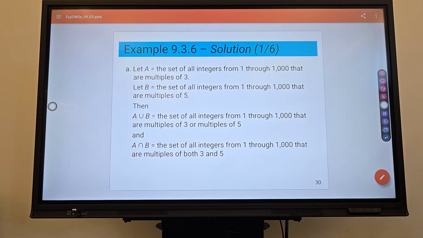Then A union B is the set of all integers from 1 to 1,000 that are multiples of 3 or 5. Let A intersection B equal the set of all integers from 1 to 1,000 that are multiples of both 3 and 5.